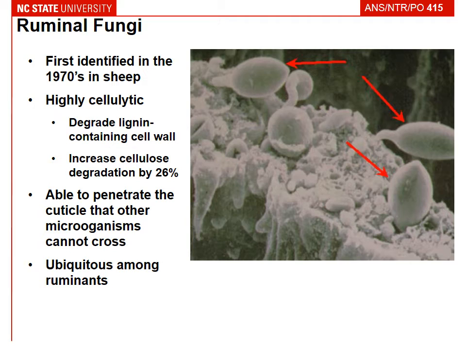These fungi are highly cellulolytic, so where many of the bacteria and protozoa are unable to degrade lignin, these fungi are actually able to degrade lignin, and that is a main component making up cell walls.